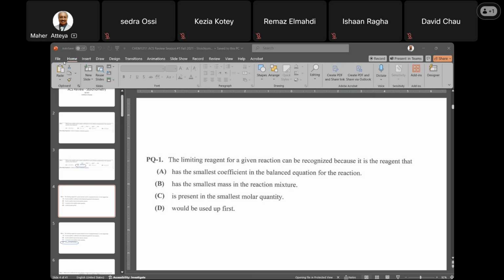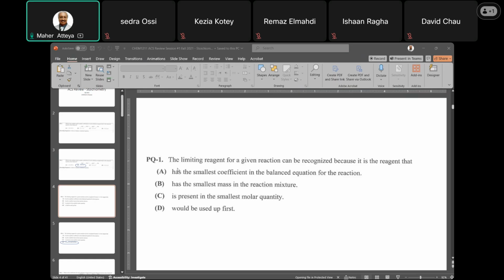Will be used up first, but has the smallest mass in the reaction mixture, is present in the smallest molar quantity, and has the smallest coefficient. No. So A and B, has the smallest mass in the reaction, is not right. You have to prove it through the mole ratio.